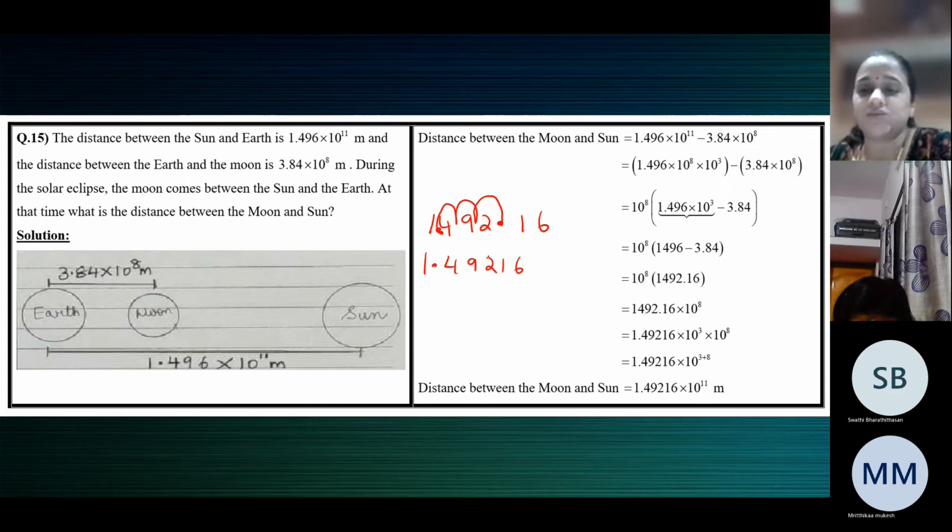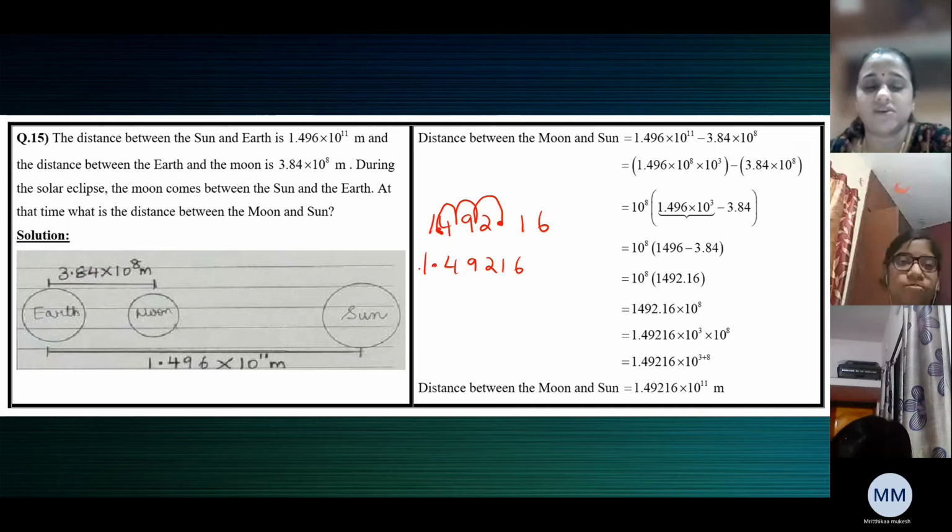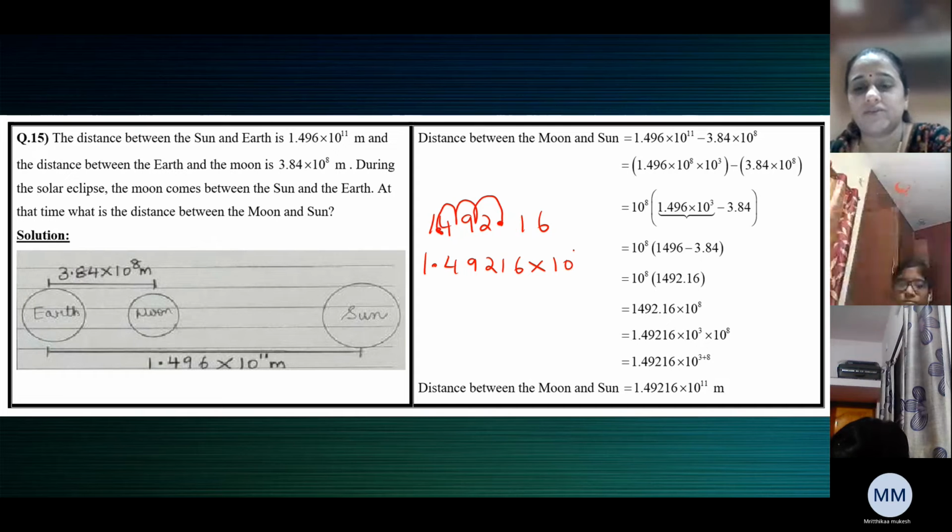Now you have reduced the value of the number. It was 1492 and now it's just 1.49216. You have reduced the value of the number, so raise 10 to a positive power. Since you have shifted the decimal point by 3 places, 10 will be raised to a positive 3.